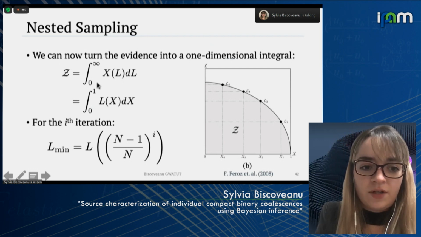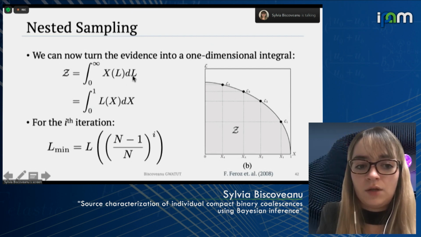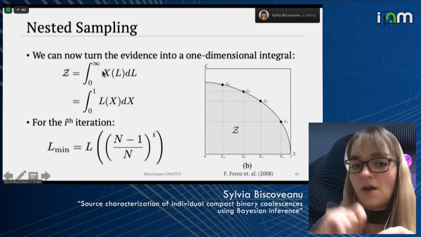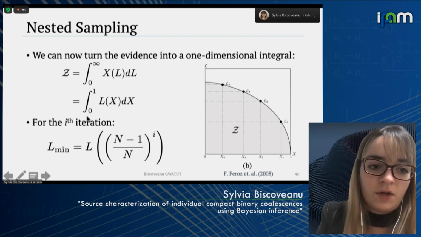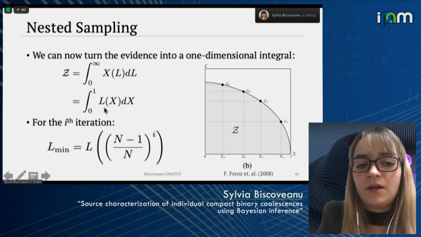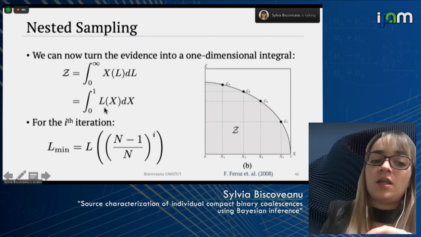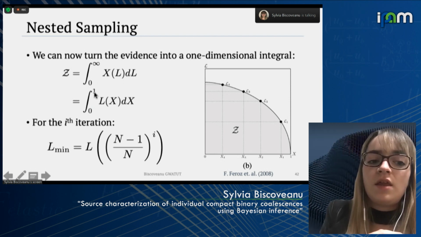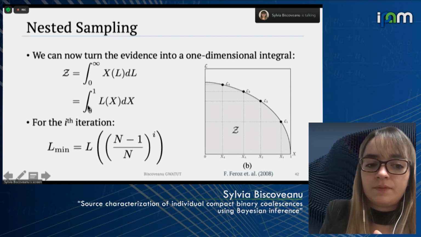So again, our evidence is just the integral between 0 and infinity of the prior volume of L, integrated over L, because the likelihood can have any value between 0 and infinity. However, if we invert this X of L and calculate the likelihood at a specific value of the prior volume, then this becomes bounded, and it's just the integral of that inverse from 0 to 1.